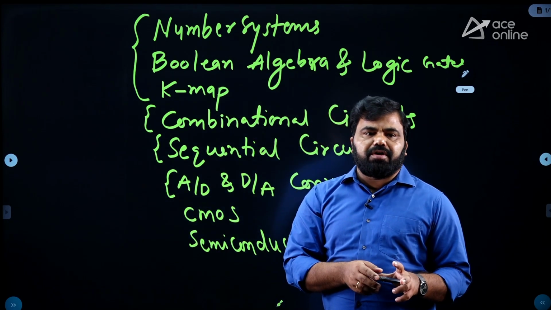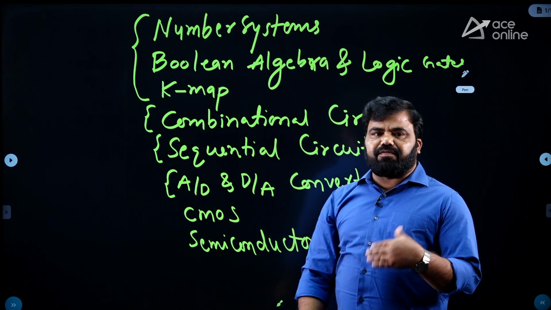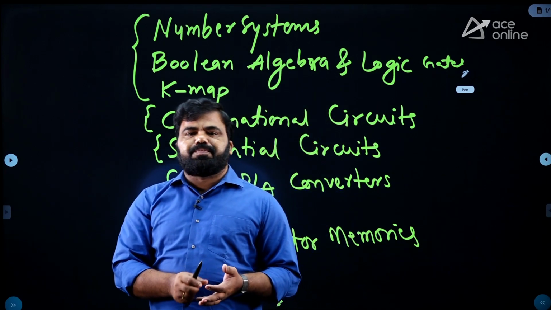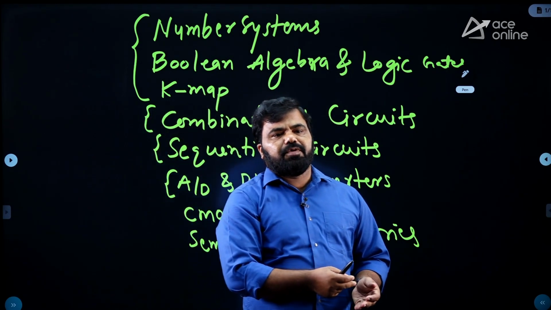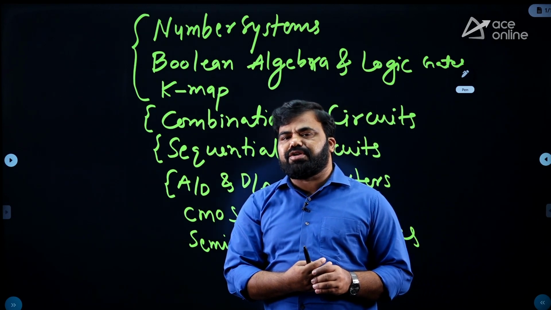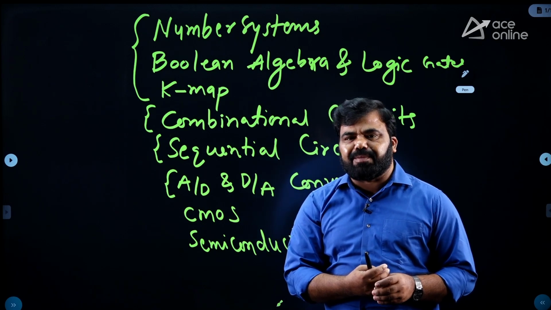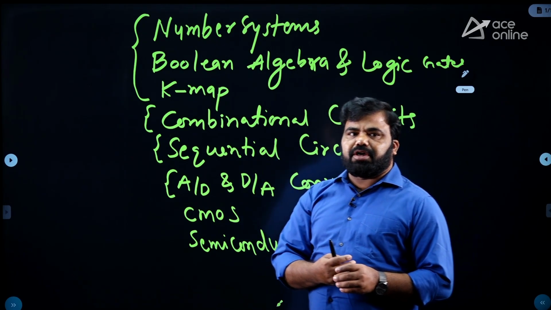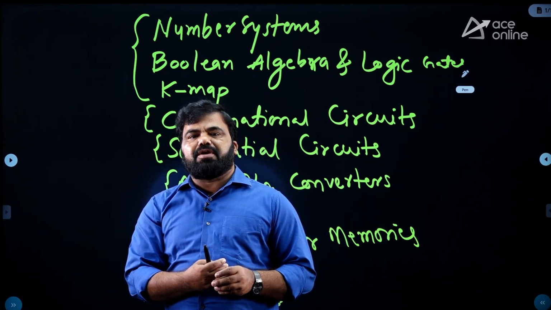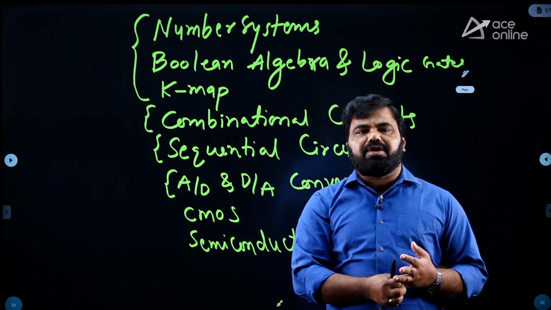Then they give data for a digital to analog converter and ask for the analog equivalent of the digital information. For analog to digital converters, mostly they have been asking what the conversion time is, what the maximum sampling frequency allowed can be, and what the maximum analog signal frequency that can be converted to digital is. So based on conversion time, you can decide all these.